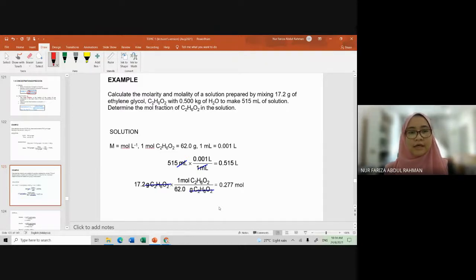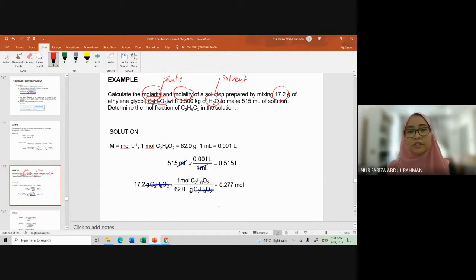This is a very straightforward question. Calculate the molarity and molality of a solution prepared by mixing 17.2 gram of ethylene glycol. Ethylene glycol is your solute, and H2O is your water, of course, your solvent.